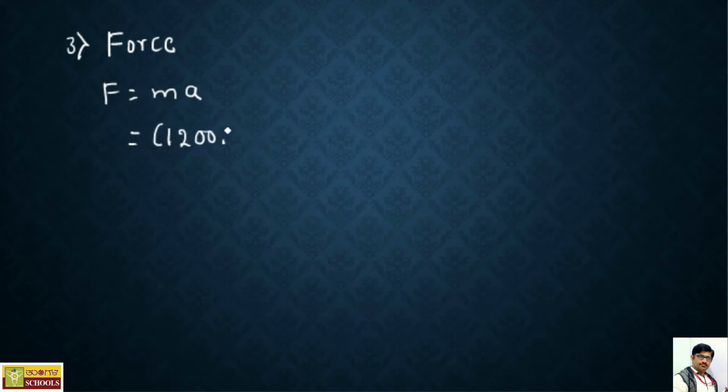So the third parameter, force, can be written as follows. To find the force, using Newton's second law of motion, F is equal to ma. You already got the acceleration, so make use of that. Mass is 1200 kg into acceleration, which you already got, that is minus 5 meter per second square.